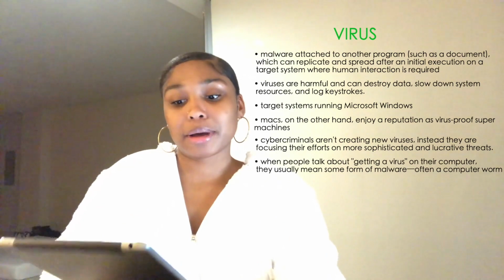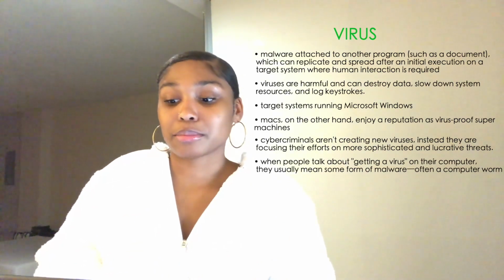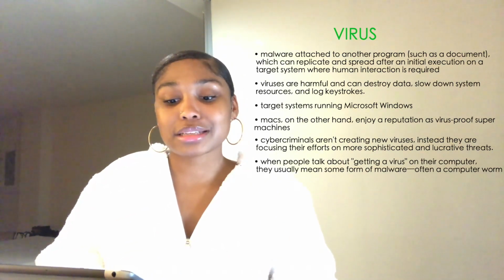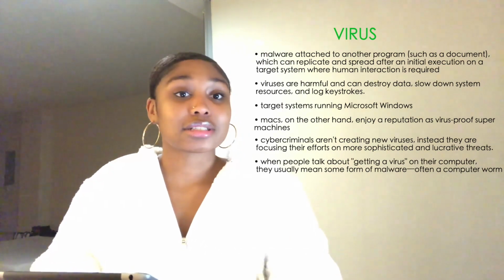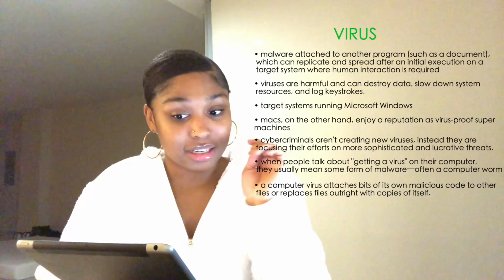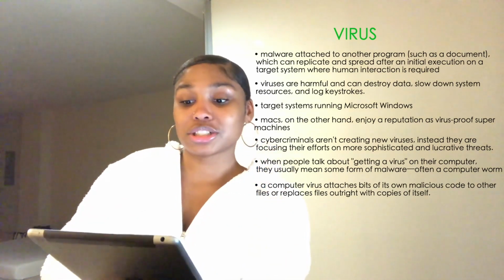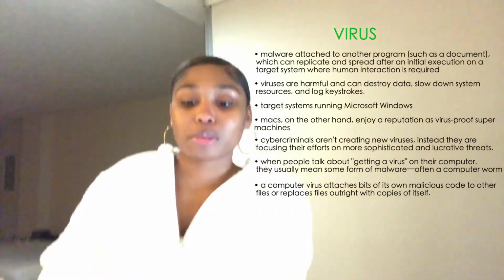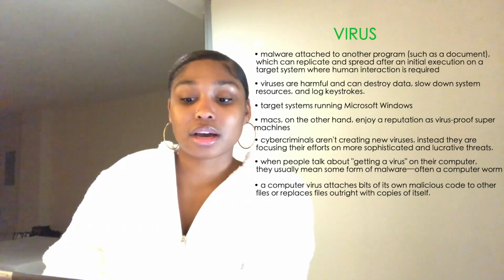When people talk about getting a virus on their computer, they usually mean some form of malware, such as a computer worm, which we're going to talk about next. A computer virus attaches bits of its own malicious code to other files or replaces files outright with copies of itself. The types of viruses: Trojans can be viruses, and ransomware can be a virus.